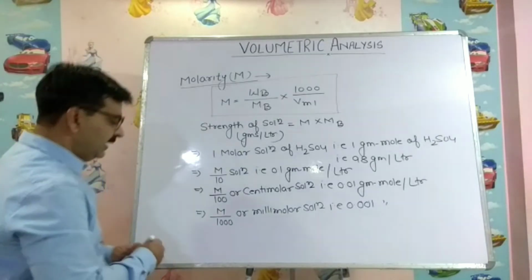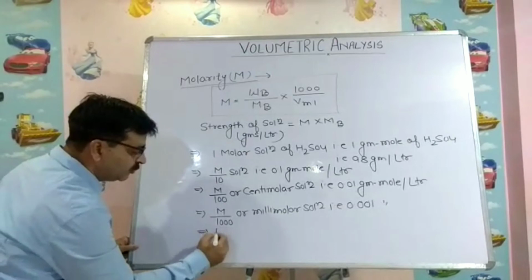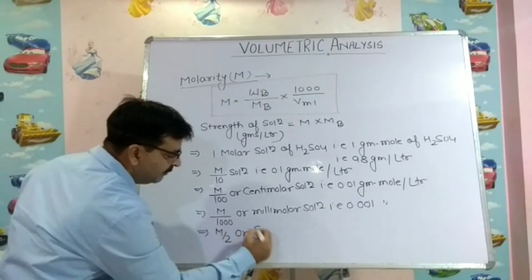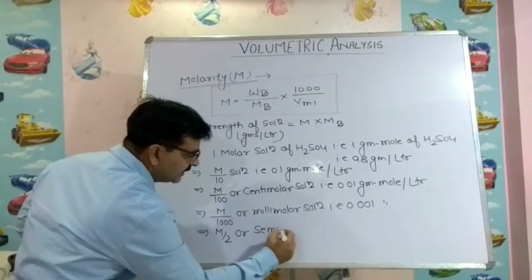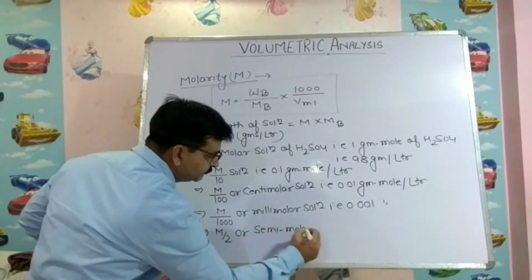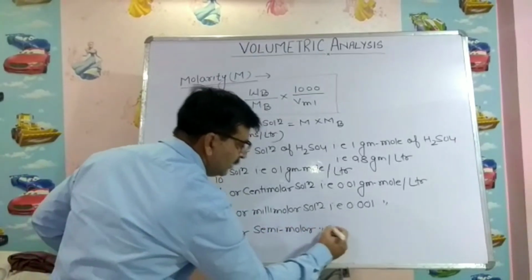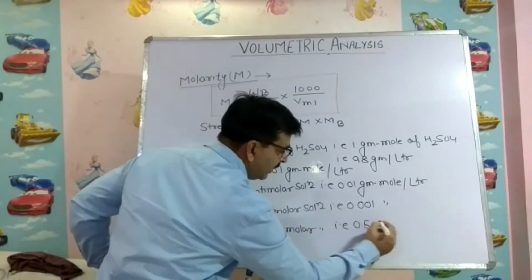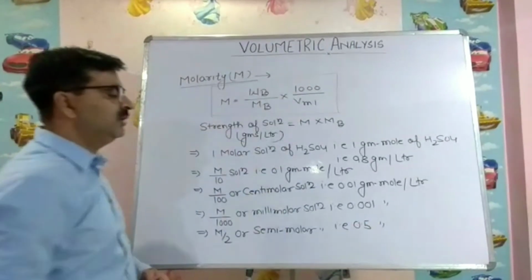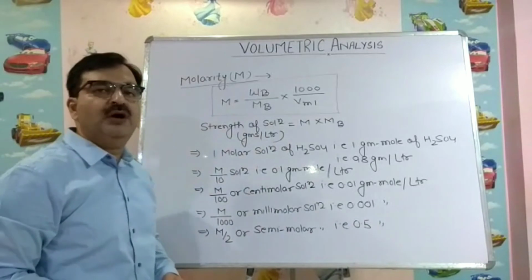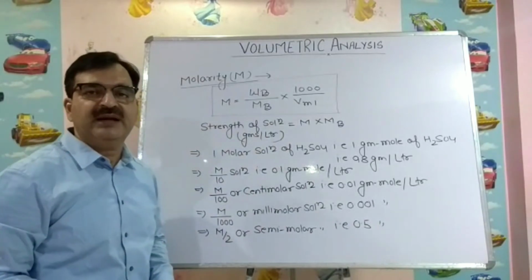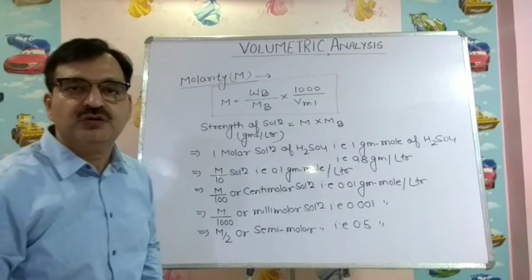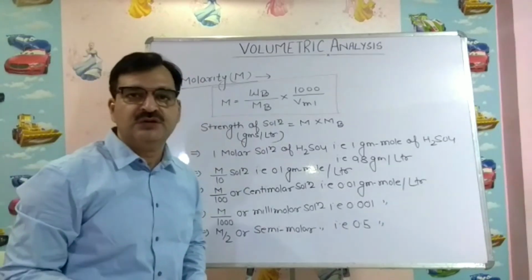In the last we have M by 2, that is semimolar solution. Semimolar solution is equivalent to 0.5 molar solution, that is 0.5 gram mole of H2SO4 dissolved per liter of solution, that is 49 grams of H2SO4 per liter of solution.